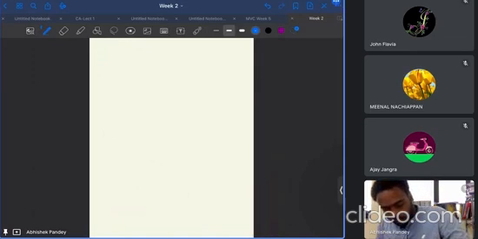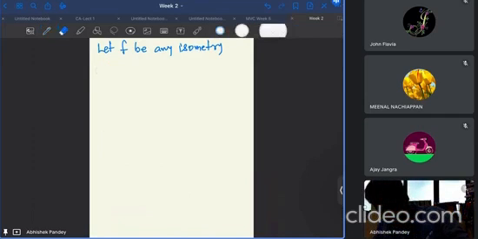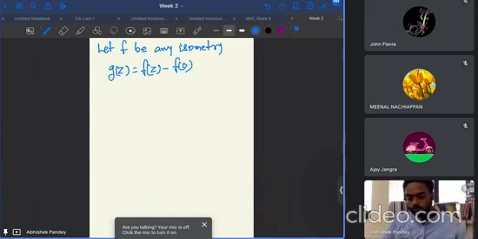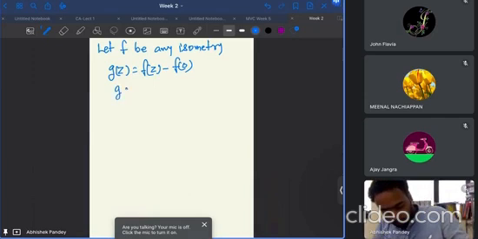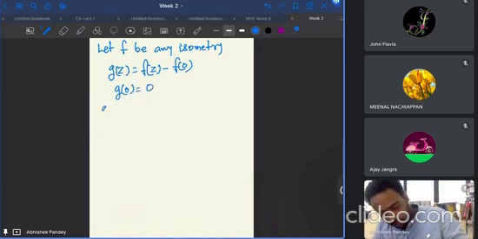Okay, so let f be any isometry, and consider the following function. g(z) is equal to f(z) minus f(0). Then g(0) is 0, and g is also an isometry.